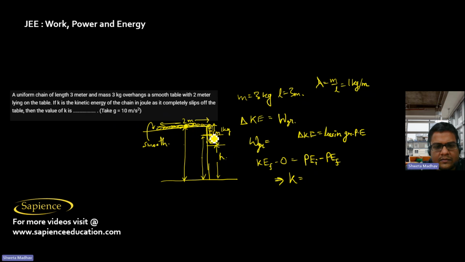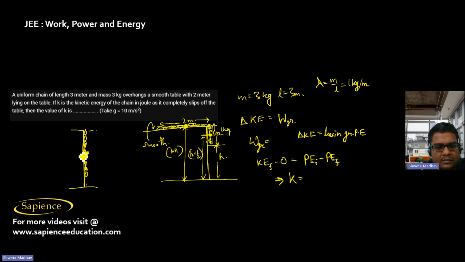So initially the center of mass of this part, which was hanging from the table, that was h plus half meters, and this was h plus 1 meter. And when it will completely fall from the table, when the chain will completely fall from the table, then this entire height was h plus 1.